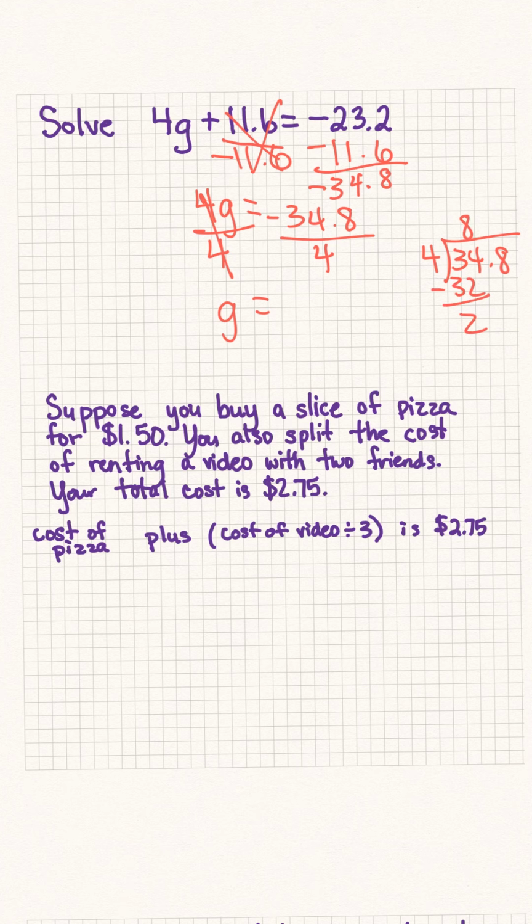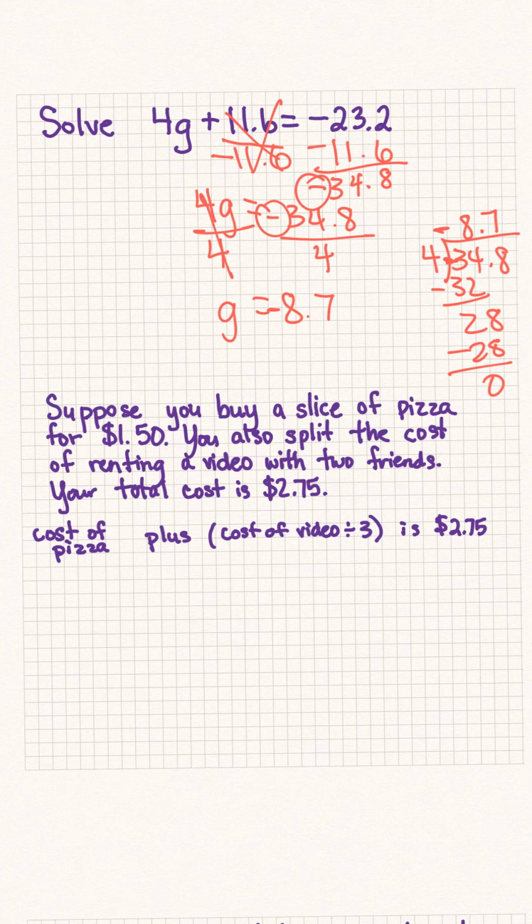So g equals 8.7. And sorry, that's a negative. Right here we forgot this is a negative, so it should have been a negative here. Positive divided by a negative is a negative.